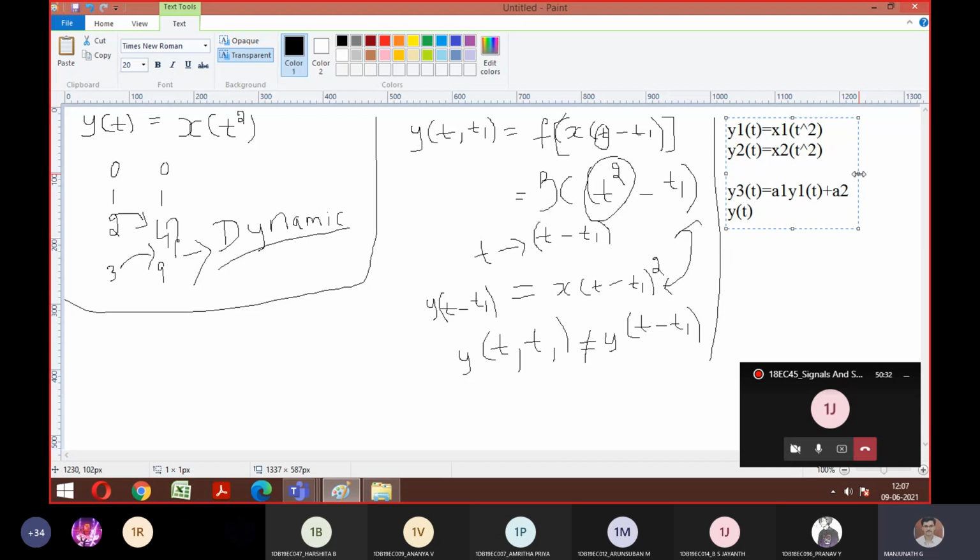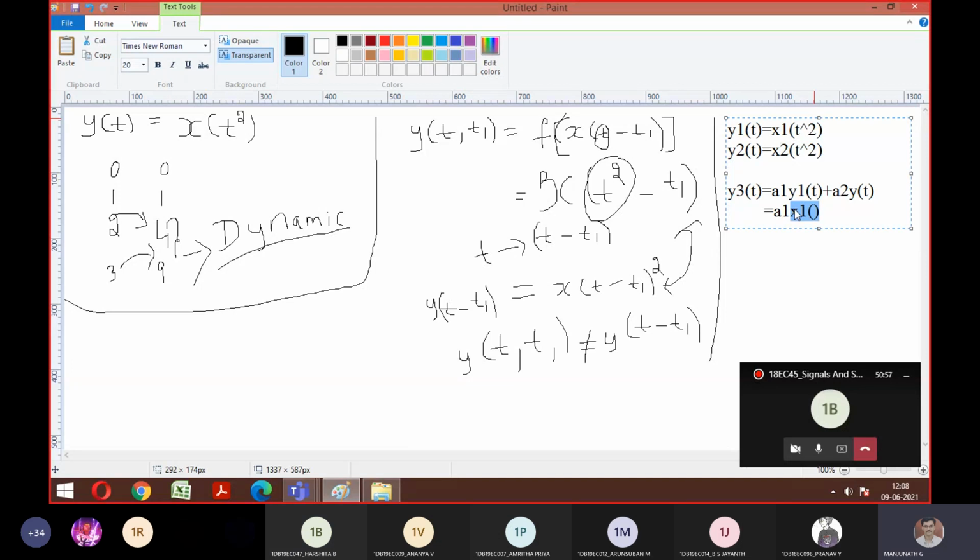What is the next thing you're supposed to do? Substitute the answers you got in this and tell me the final answer. What is y3 of t, guys? You're going to get a1 x1 of t square plus a2 x2 of t square, sir. So this same thing, let me copy here.